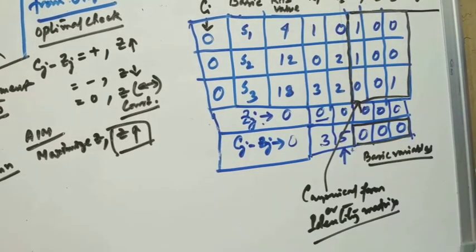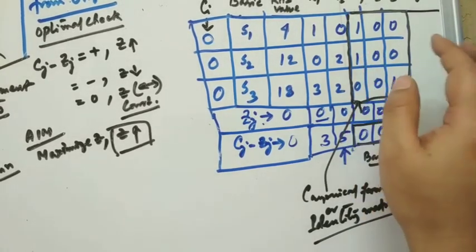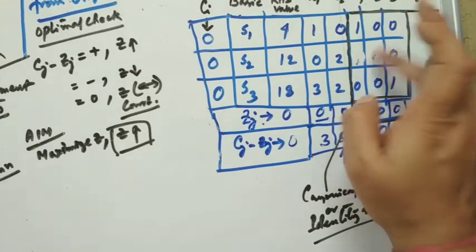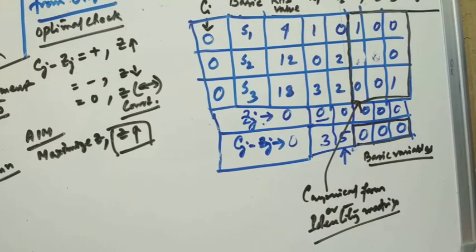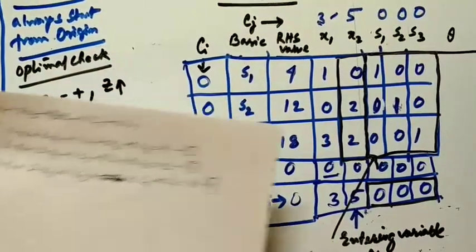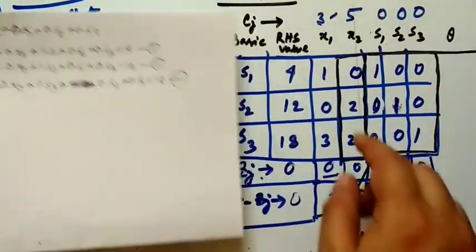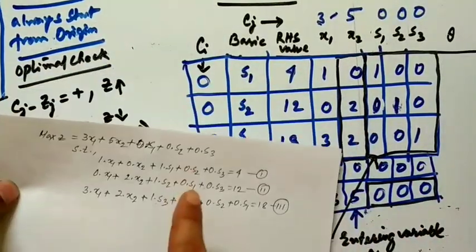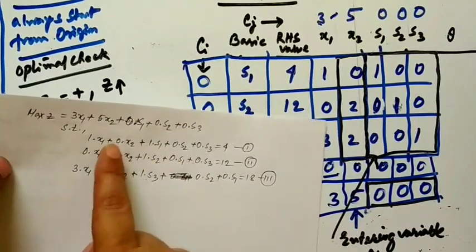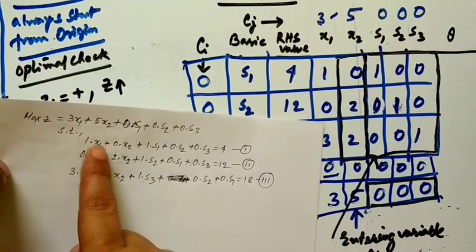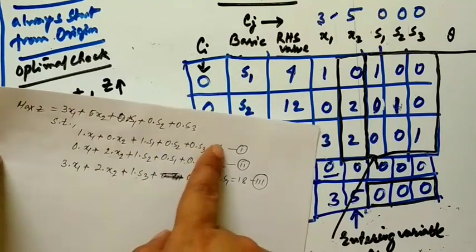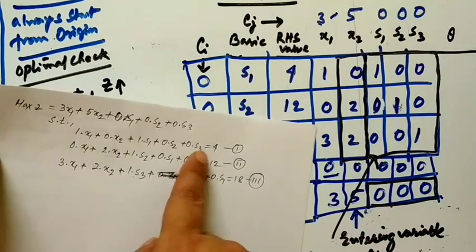Sorry, I have made a mistake. This should be 0 and this should be 1. Then only it will become an identity matrix. For your clarification, I can recheck it. From the equation that I have already written, it gives 1x1 plus 0x2 plus 1s1 plus 0s2 plus 0 into s3 equal to 4.